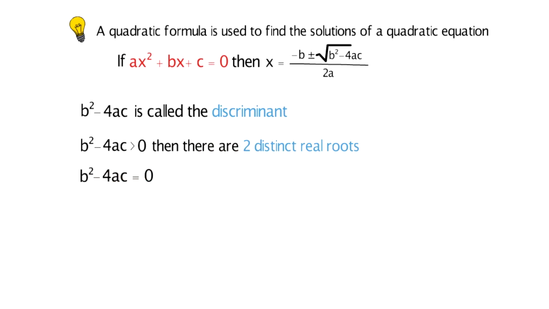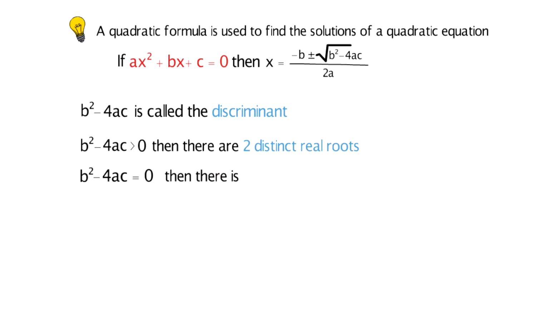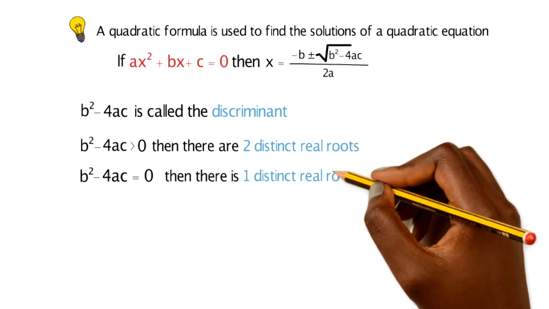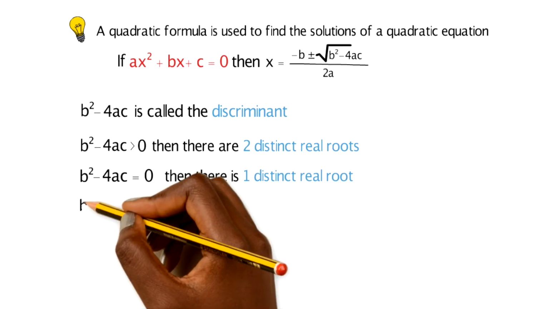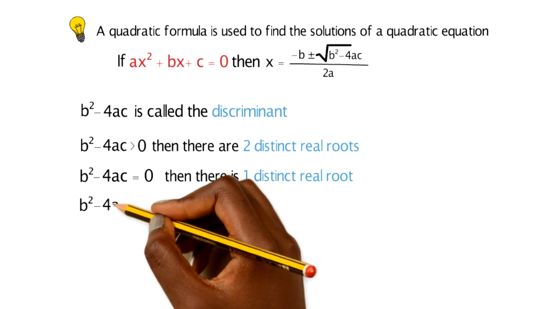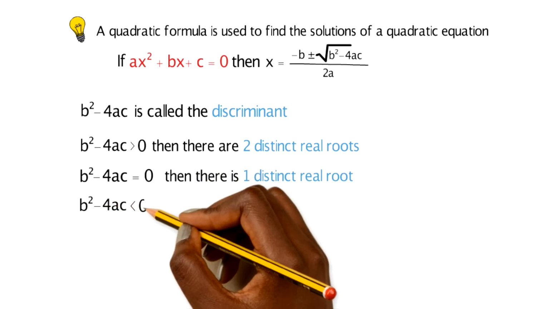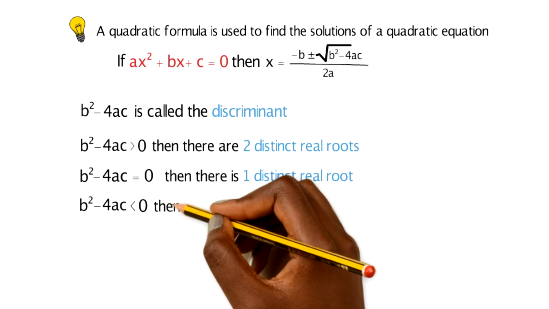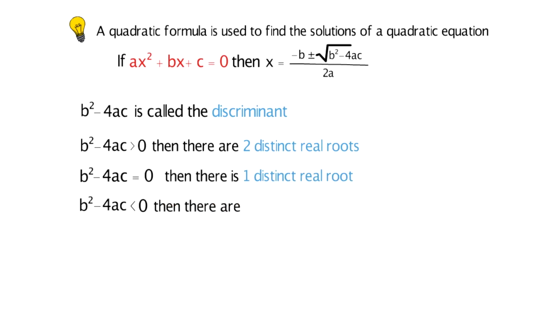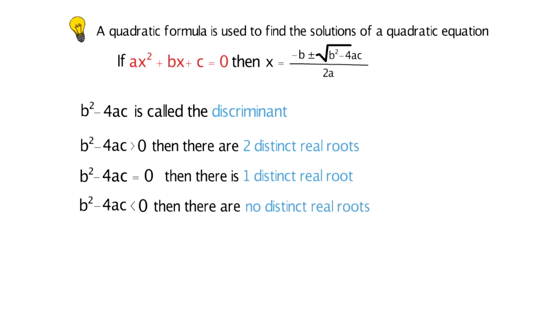If our b squared minus 4ac is equal to 0, then there is only one distinct real root. And if our b squared minus 4ac is less than 0, then there are no distinct real roots. So bear that in mind.